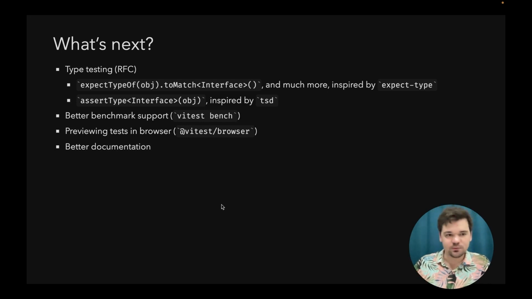Vitest also, as I said before, provides a Vitest browser package for previewing your tests in a browser, but currently it doesn't support running tests in CI, but it can be useful to debug your failing tests. This feature is not ready for production use and may even not work for you at this stage, but we always welcome feedback. So feel free to open an issue about this feature right now.